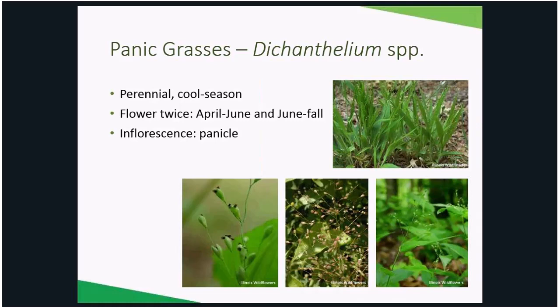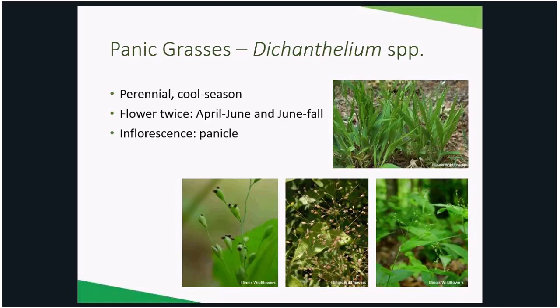So some good characteristics to look for is their panicle inflorescence that you can hopefully see in this photo here and in this photo here, although it's a little bit hard in this photo. And their spikelets or their flowering parts are very round, okay? And so you can see it looks like tiny little round balls all along that panicle.